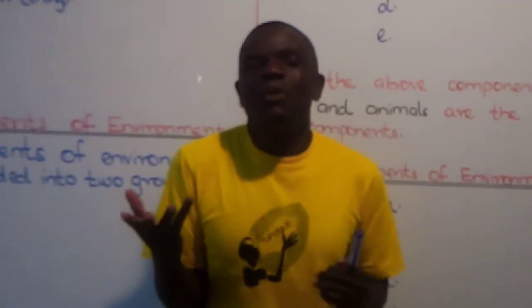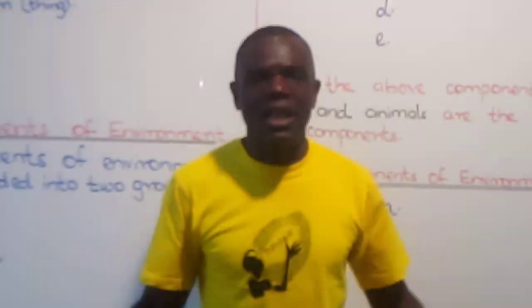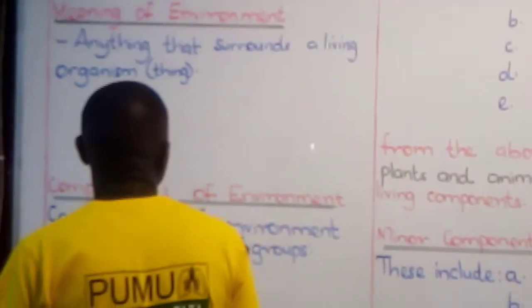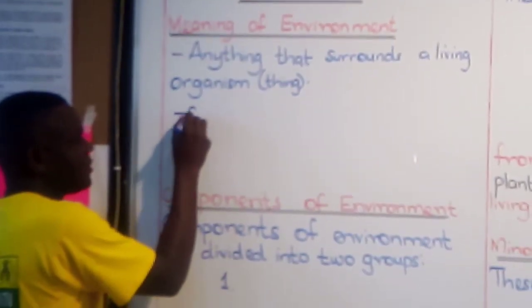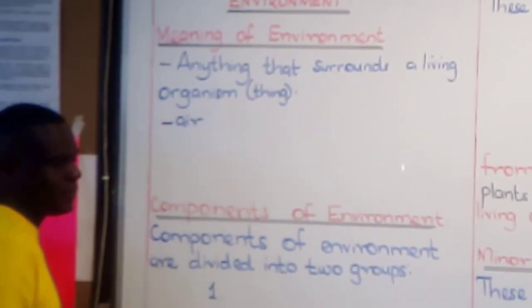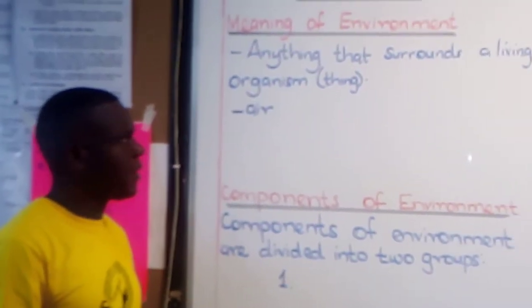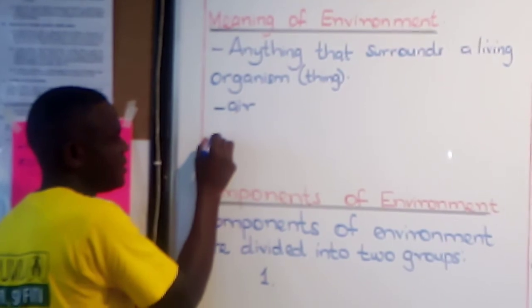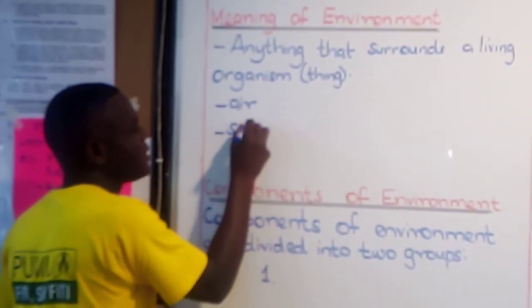And so, can we begin to name things that could be found around living things? Boys and girls, we can see we have air around us. Air is an example of environment. Okay? What else is around us? We live on soil, and so soil is part of it.